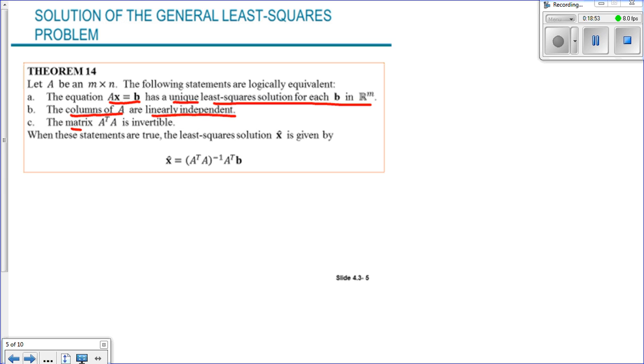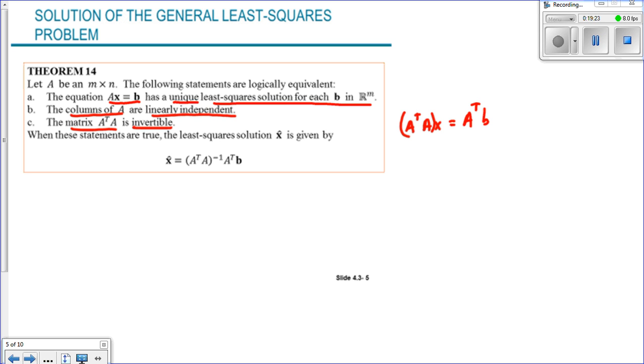Also, the matrix A transpose A is invertible. So if A transpose A is invertible, then we'll know that there's a unique solution. So we had the equation A transpose A x equal to A transpose b. If any of these conditions were true, in other words, A transpose A was invertible, that means its inverse exists, or the columns of A were linearly independent, that would mean that A transpose A also was invertible.